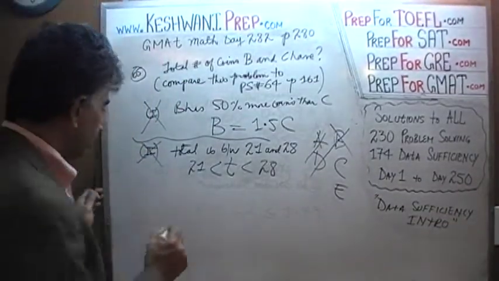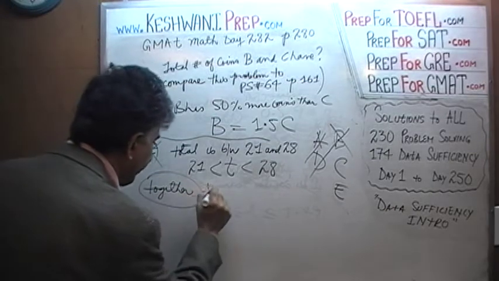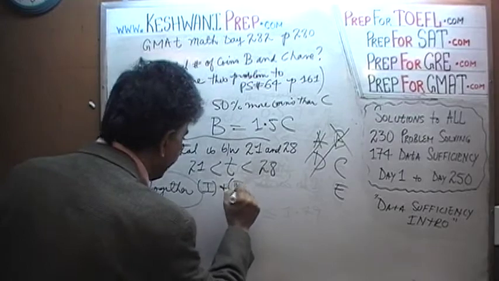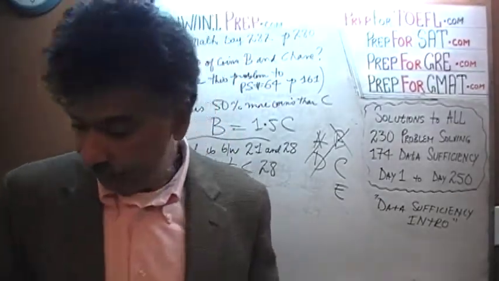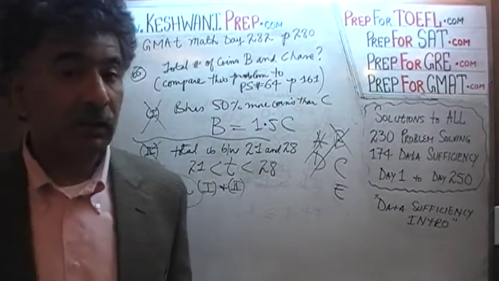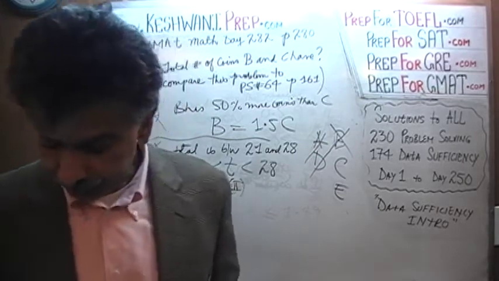Let's put the two together. When we put statement 1 and statement 2 together, listen very carefully, that is where we need to put our thinking cap on. Let's see what happens.